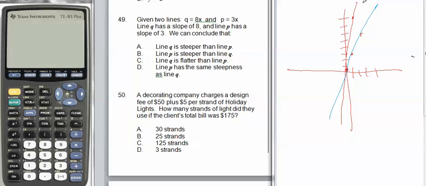So this is the 8x and this is the 3x. So line Q is steeper. This is Q and this is P. So line Q is steeper than line P. That's all there is to it. So it's A. We don't even have to look at the rest of them. Alright.